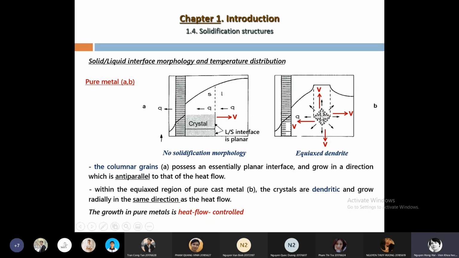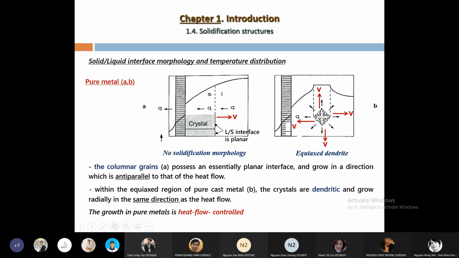So the crystal must have the highest temperature. You can see here in this picture the temperature profile. So the liquid has the highest temperature, and the temperature decreases from liquid to solid to the mold and to the outside environment.